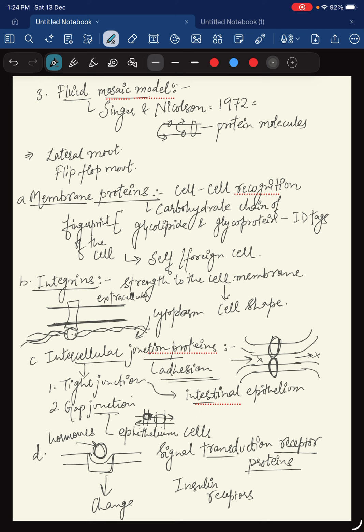So because transport is there, one more category of proteins is present which are known as transport proteins. What transport proteins do is they are responsible for passive and active transport, means both types of transport are present.